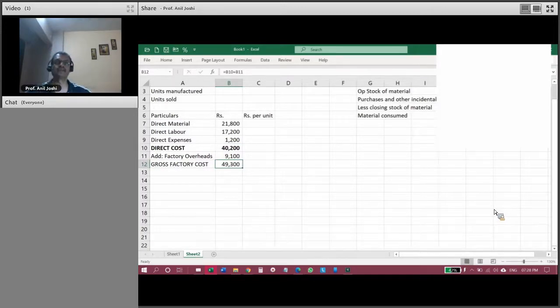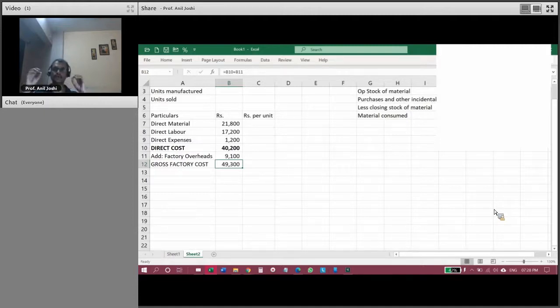But gradually we are interested in calculating the cost of sales. These are the expenses incurred in the factory in December. Not necessarily all units on which we have incurred the expenses will become finished goods, because at the end of the month something may remain in the WIP also. That is not a finished product, so obviously it will not get sold, and hence it should not be part of cost of sales.